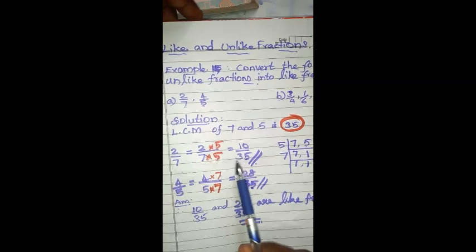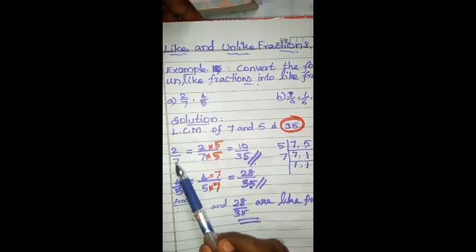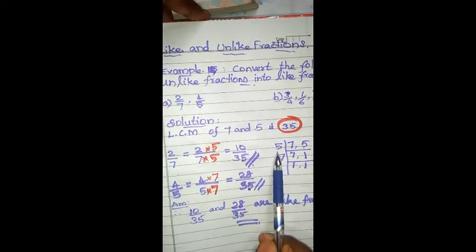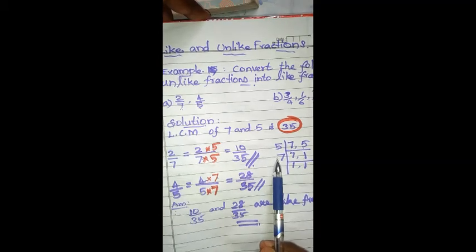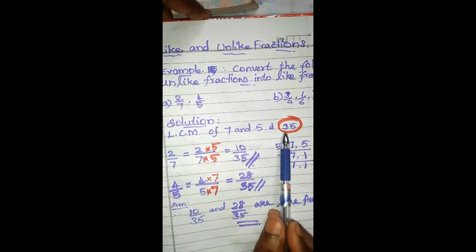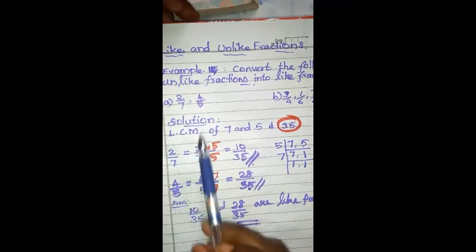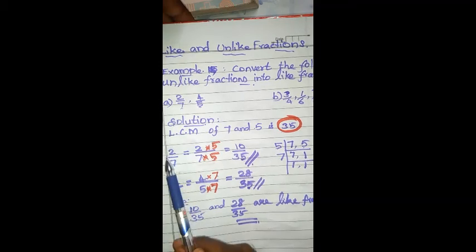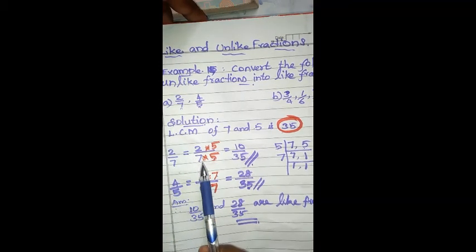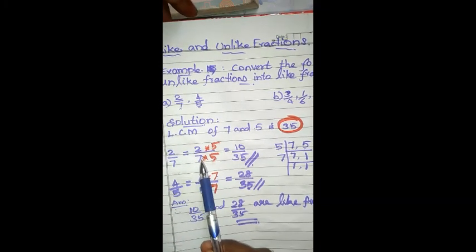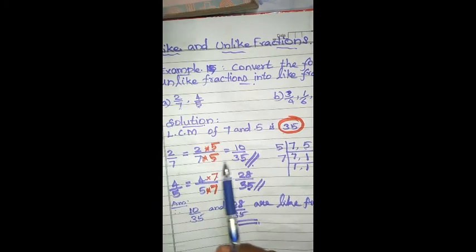7. Okay. Now, 2 by 7. So the LCM of 5 and 7 is 5 into 7. You multiply these two. 5 7s are 35. So the LCM of 7 and 5 is 35. Now the first fraction, 2 by 7, is equal to, see, the denominator 7 into 5 makes 35.